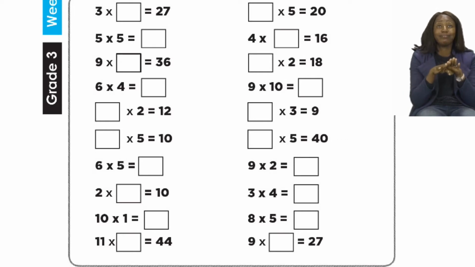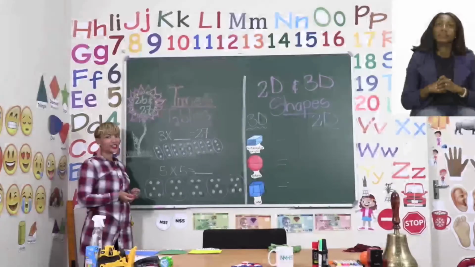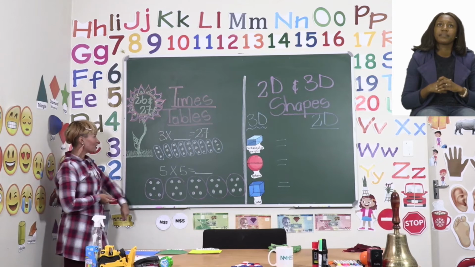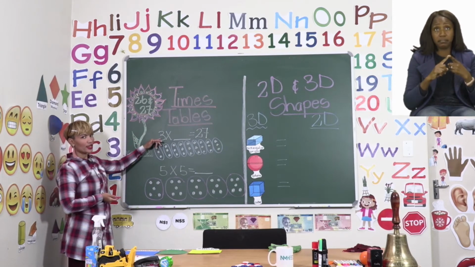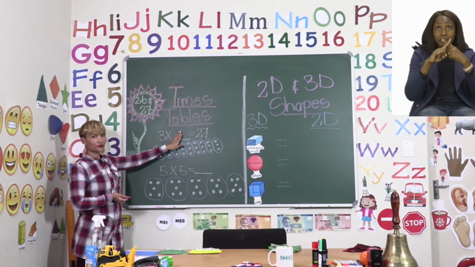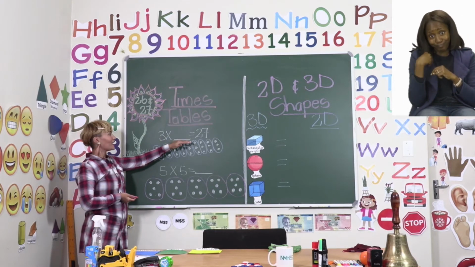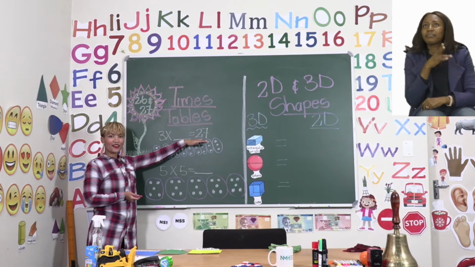So I have done a few examples for you on the board. So let's quickly have a look at how you can complete your times tables. So the first example I took was 3 times question mark is equal to 27.